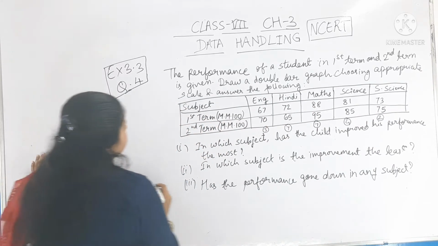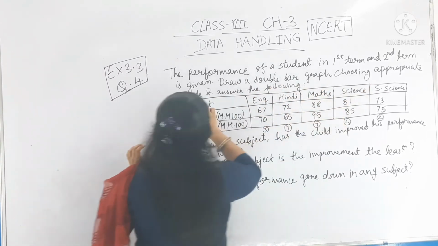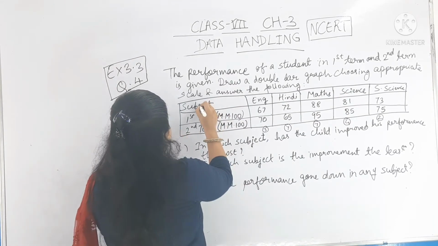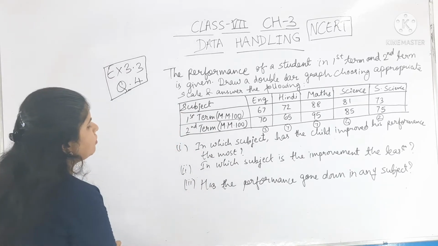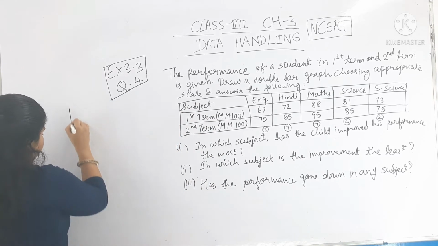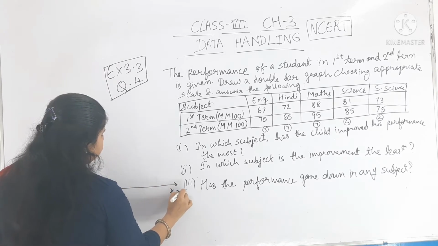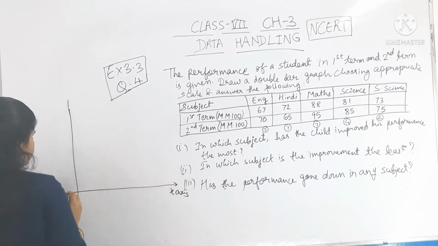Okay. Here it is given: draw a double bar graph choosing an appropriate scale and answer the following. So you have to plot a double bar graph. I told you about the double bar graph in my introduction video. This is the x-axis and this is the y-axis.